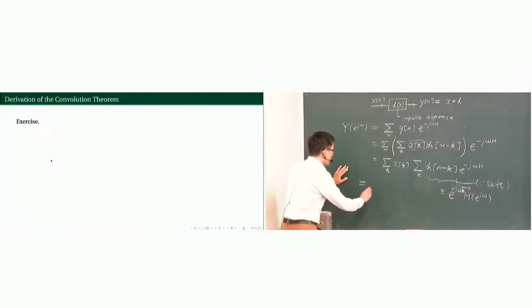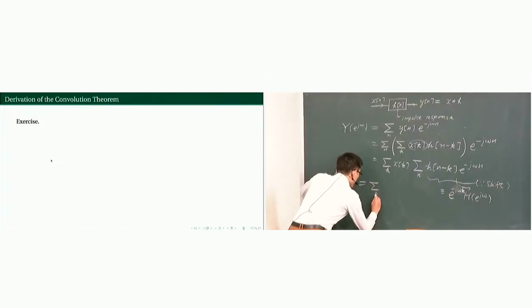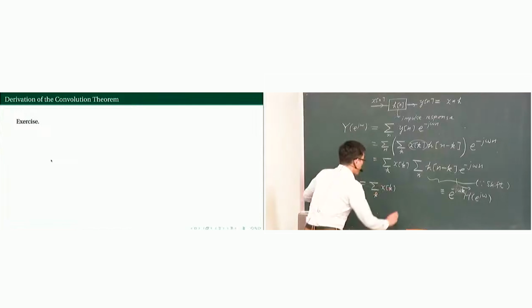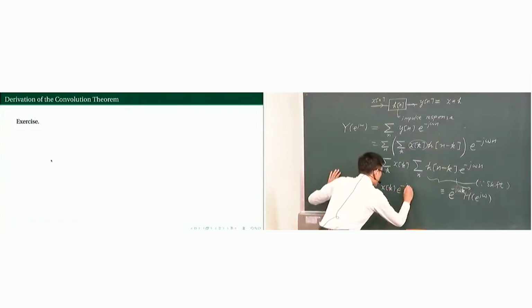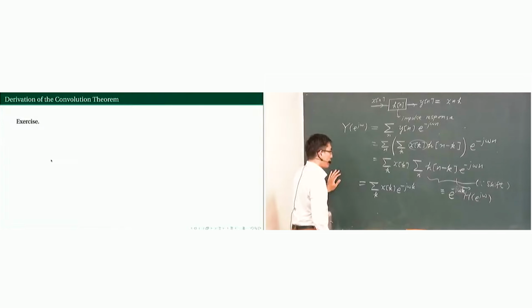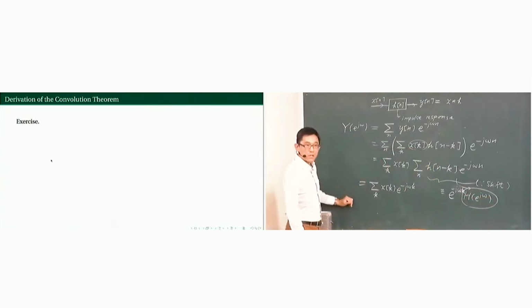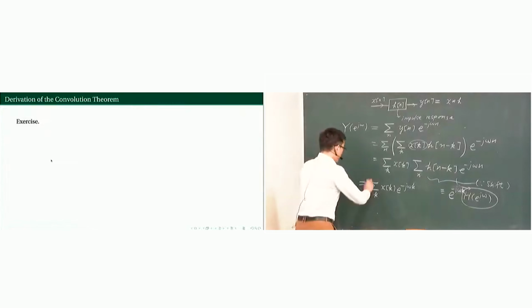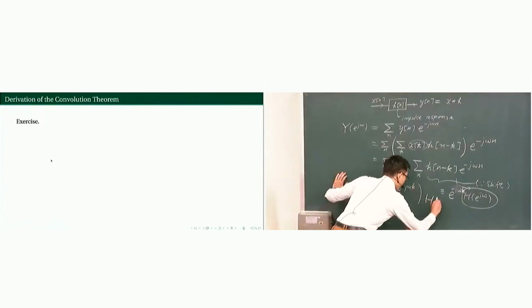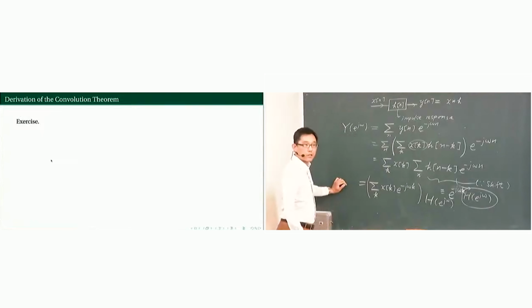Yes. Now we copy everything here, still a summation over all k. x[k] is copied right here. But here now, what do we have? We have e to the minus jωk. And then we have one thing right here which does not depend on k, and that's almost the end of the derivation.